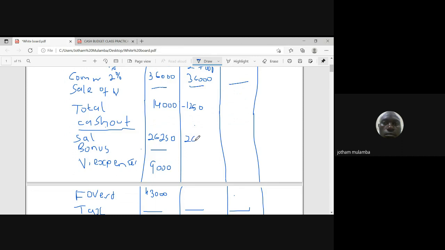Our bonus. Were they entitled to get a bonus in February? No, because they did not sell 20 properties.